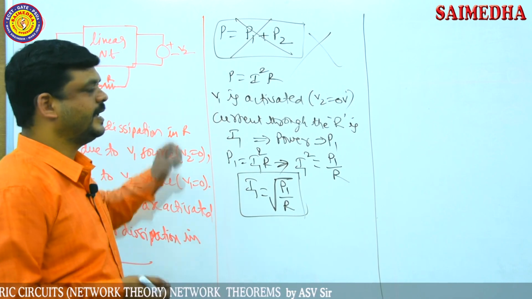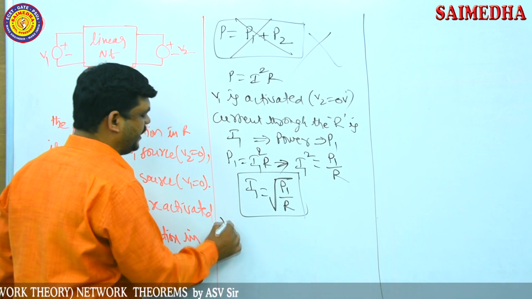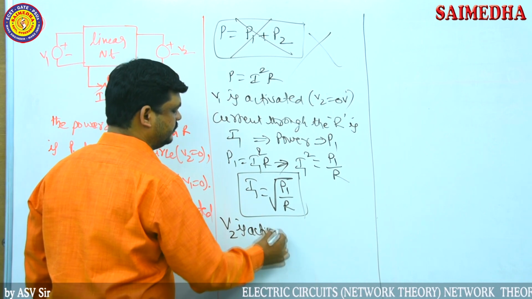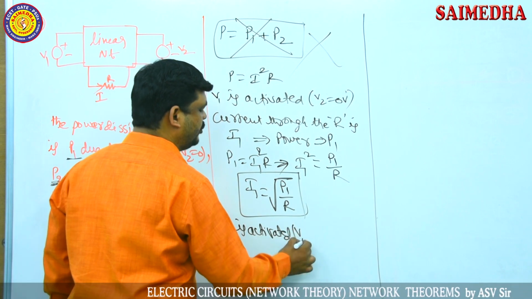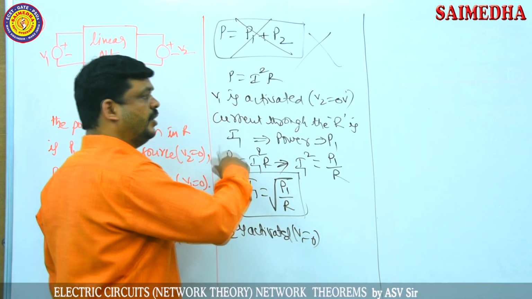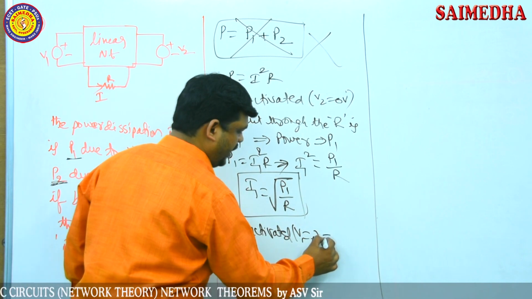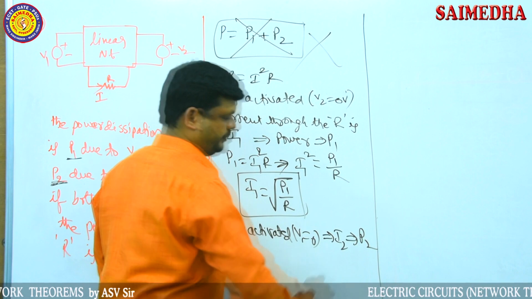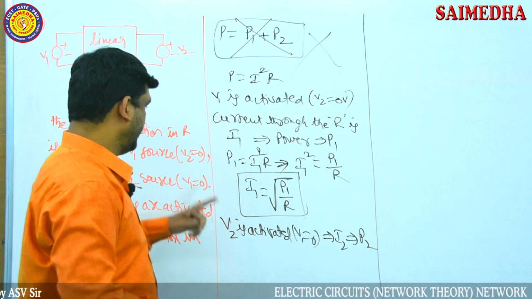Similarly, I am applying the second source. V2 is activated, V1 should be 0. So V1 is 0, V2 is activated, then the current through the circuit is I2 and power is P2, according to the given problem.